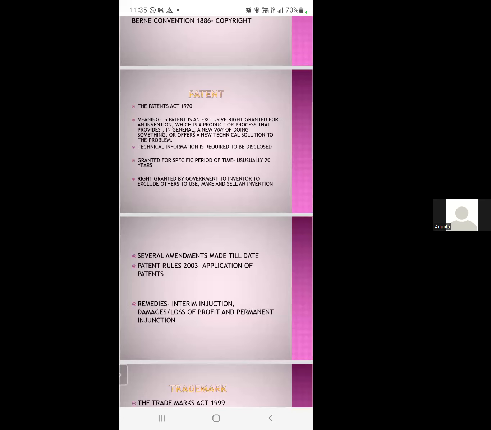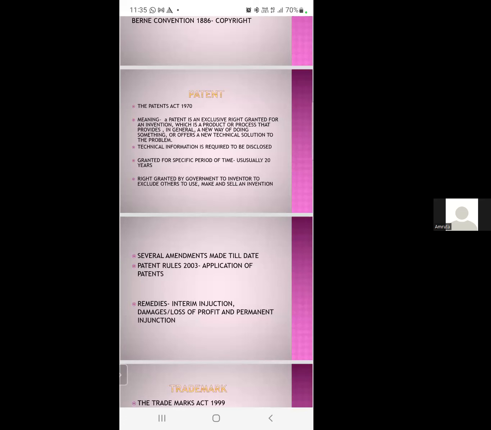There are damages which I'm suffering because of circulation of duplicate product, or there is loss of profit because there was damage to my goodwill because the other product is getting circulated in the industry or in the market. Then there is a permanent injunction, which is similar, that in perpetuity no one can produce the product in that way.